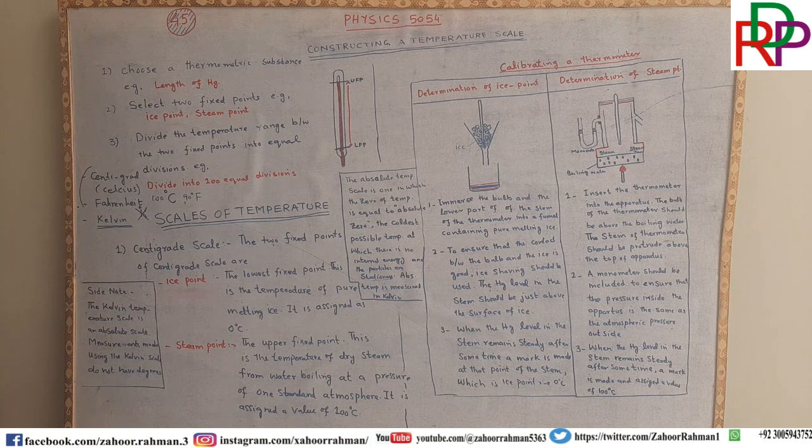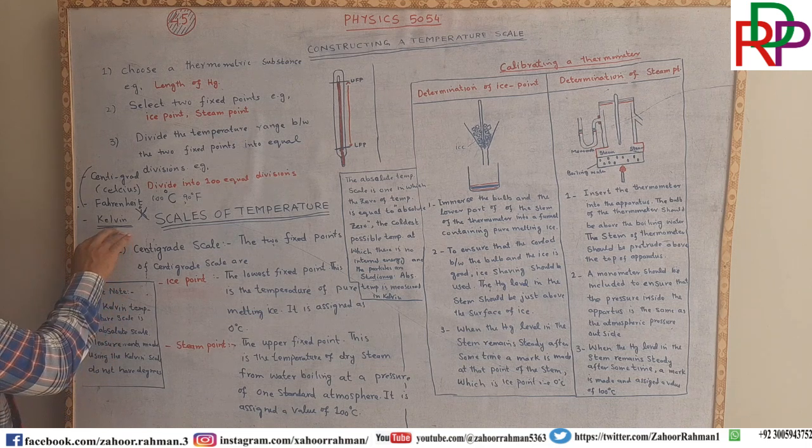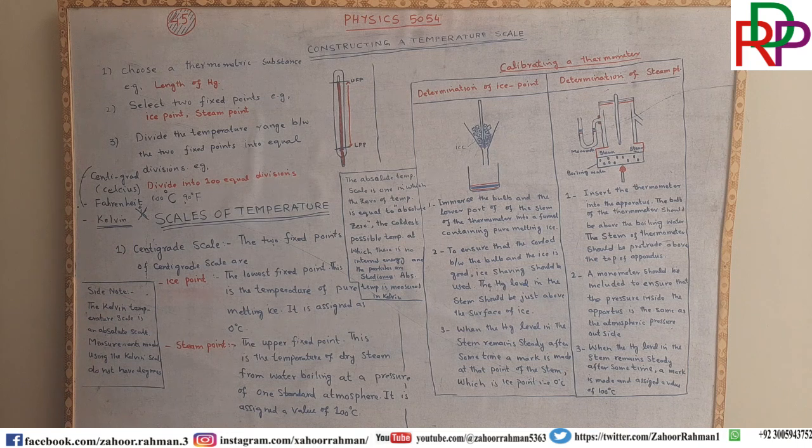Kelvin is developed by a scientist known as Lord Kelvin, and on his name we are using this temperature scale. The Kelvin scale is used for very low temperature measurement, so you cannot call it a degree. No degree is involved.